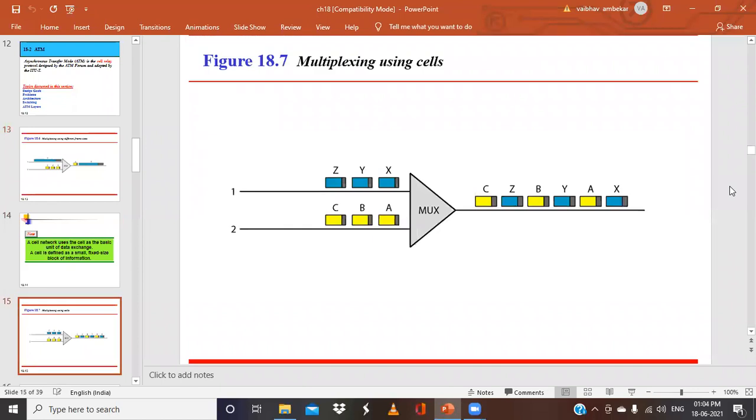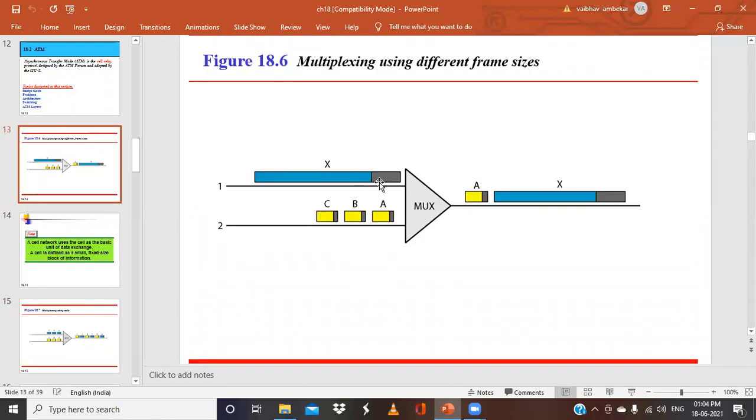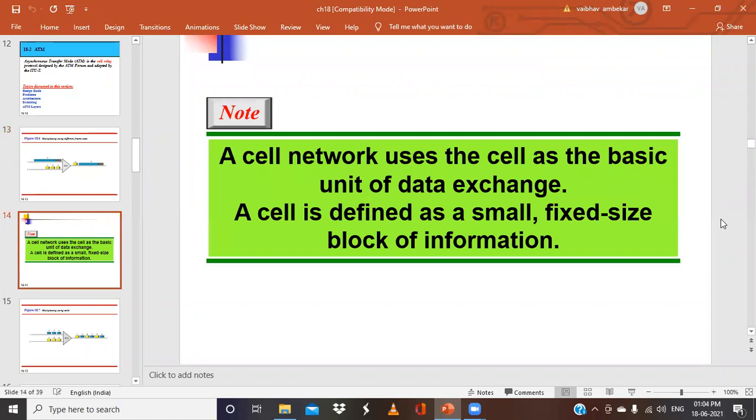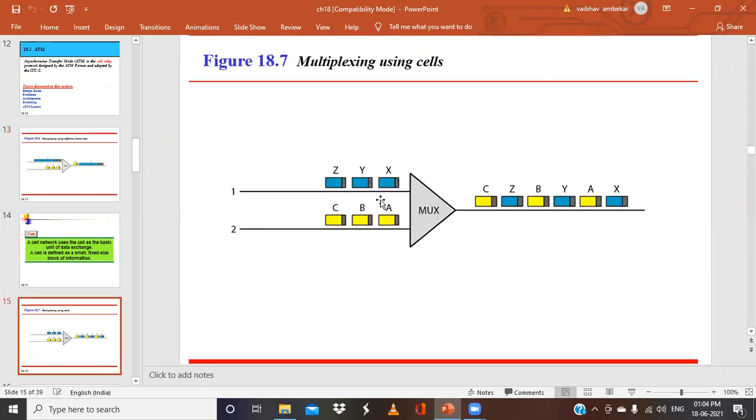You can see that the X frame that we had is being divided into X, Y, Z here, and in line 2 we have the frames A, B, C. Every cell will have a time slot, and based on those time slots, these cells can be transmitted. First X is done, then A, then Y, then B, then Z and C and so on.